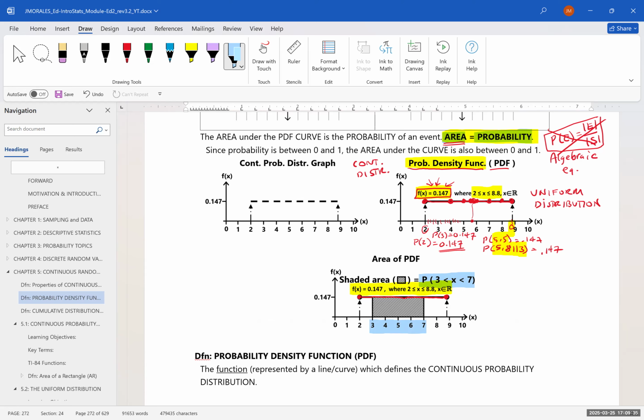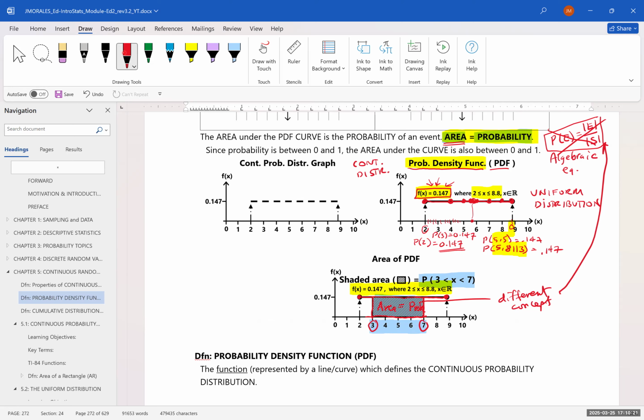Well, that probability is going to be exactly this area that you see underneath the curve, underneath that red horizontal line, and above the horizontal axis, bounded on the left and on the right by 3 and 7. This area is equal to the probability of that event occurring. So tying probability to an area is a different concept than calculating probability using an equation.